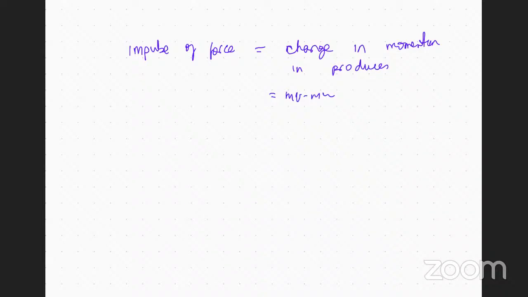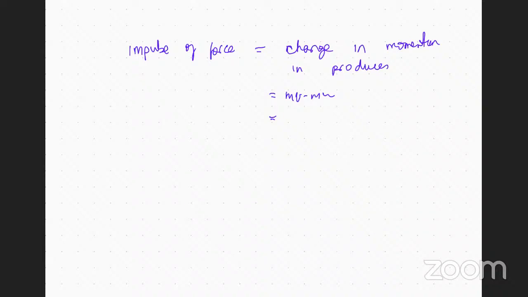Anybody remember the next formula? How else do you find impulse? There's another way to find impulse as well, besides mv minus mu. Anybody remember that?